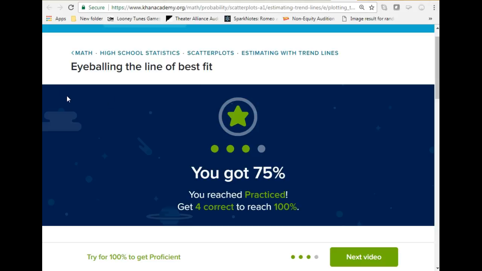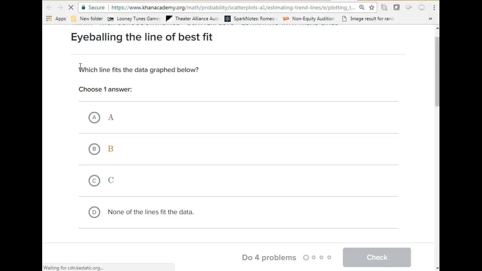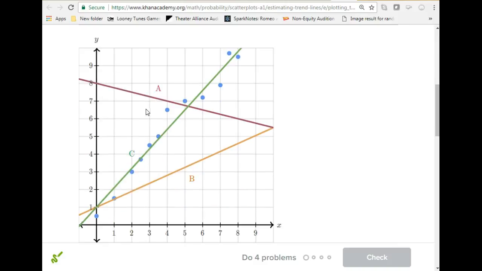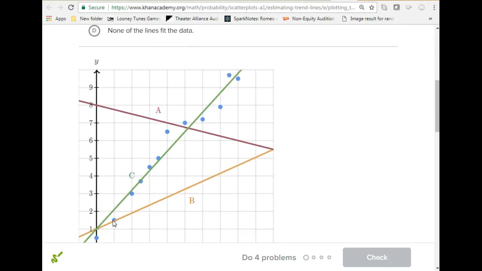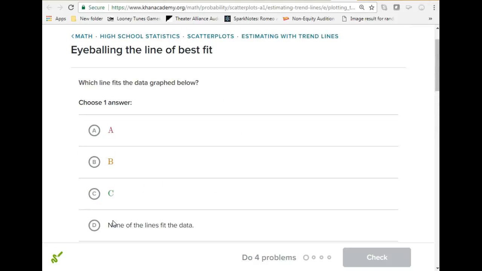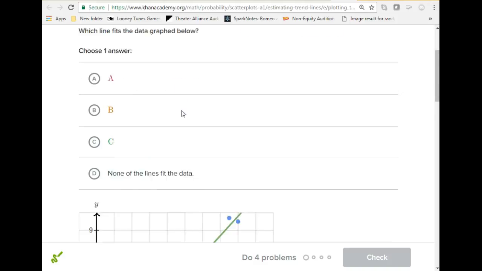And now I will reset this so that you can see for yourself how it works, and basically how you can see which one follows the line of best fit. You can eyeball it. I cannot speak today. Which line fits the data graph below?